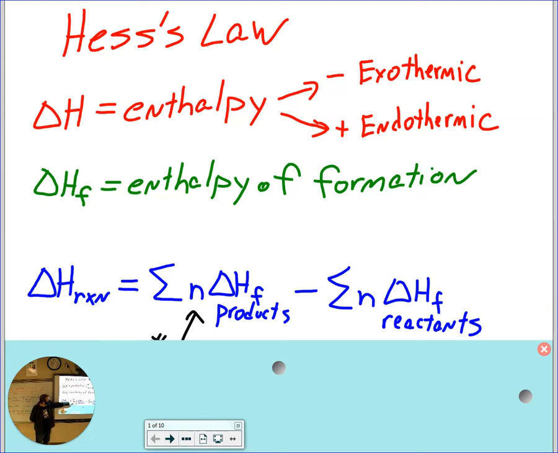Who remembers what the sigma means? Anybody anywhere? It's been a few days. If I see a sigma, it means I'm taking the sum of something. I'm adding things together.